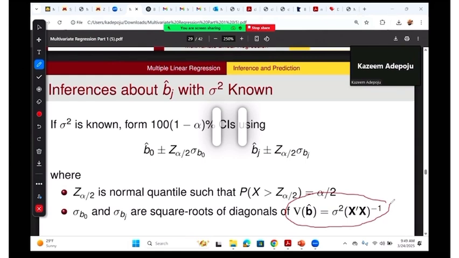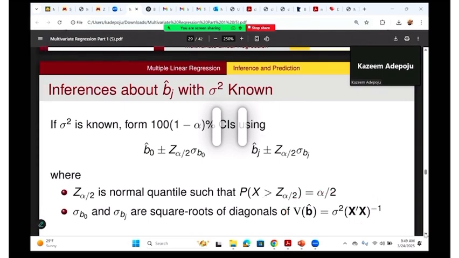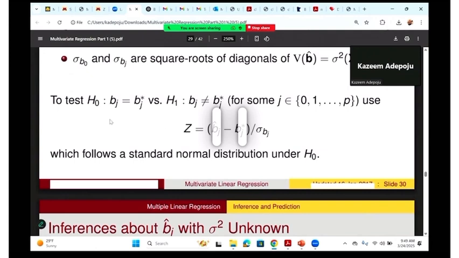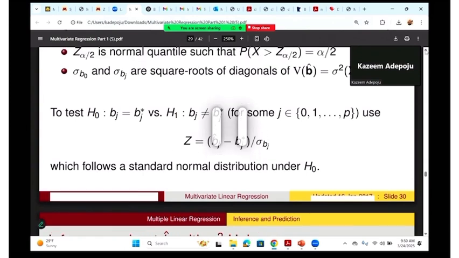Building on that, we can also test hypotheses about a particular parameter. We can test a hypothesis of beta j equal to something, or not equal to that, and there's going to be a z-test. You can see we've been using z.